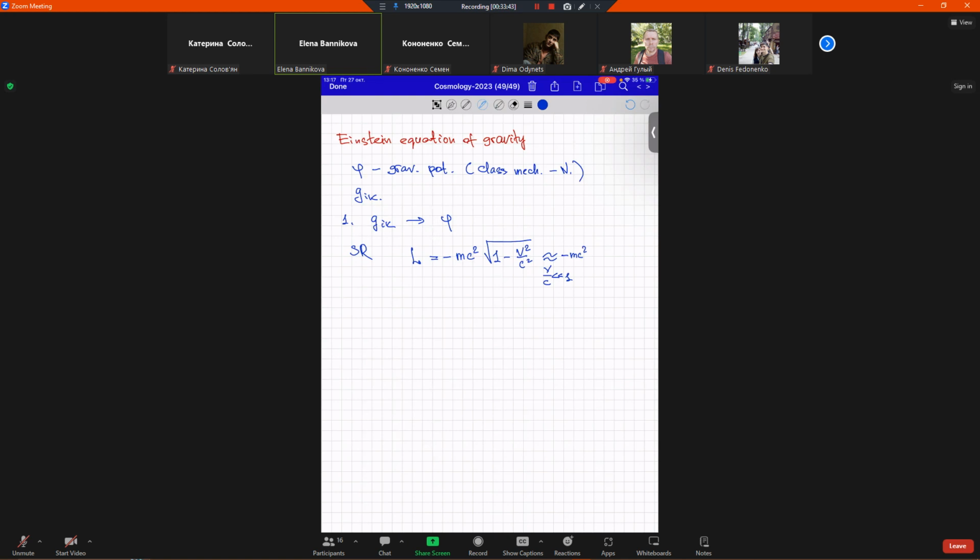So we will have minus mc squared times 1 minus v squared divided by 2c squared. Multiplying, we get minus mc squared plus mv squared divided by 2.